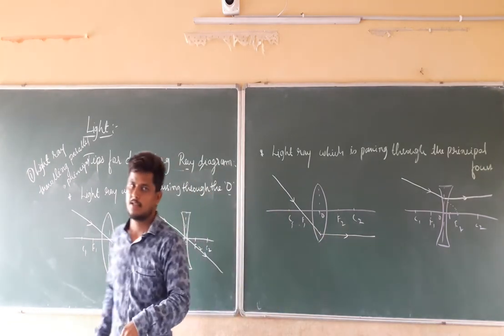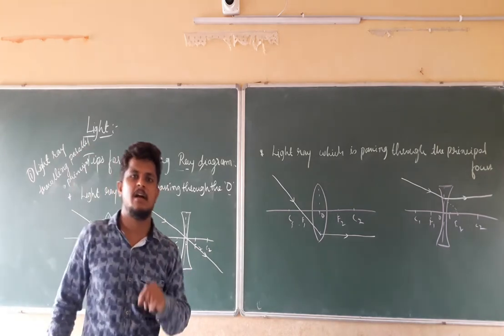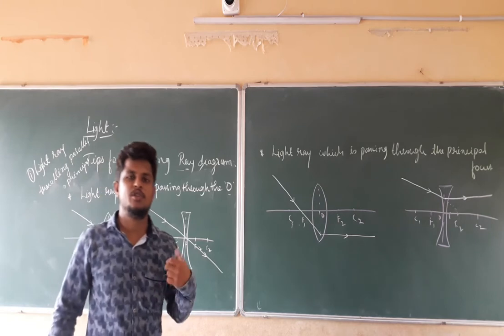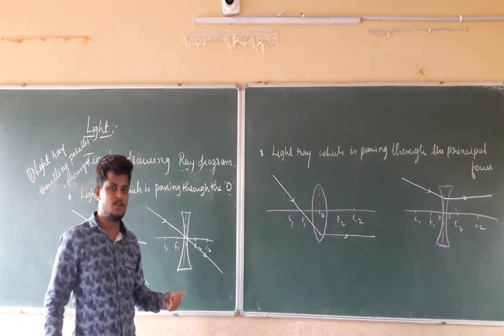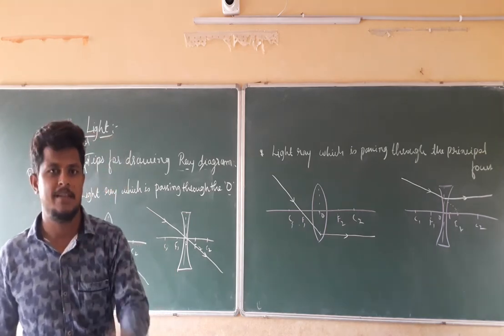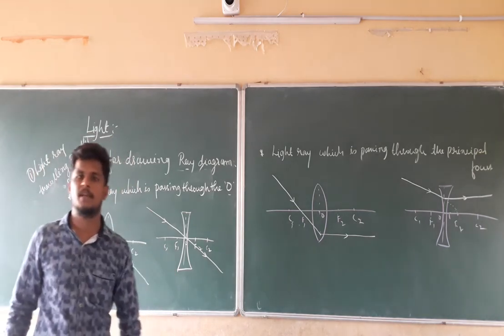In the third case, the light ray traveling through the optic center of both lenses doesn't change its direction or path due to 0 refraction. There will be no refraction when the light ray travels through the optic center.